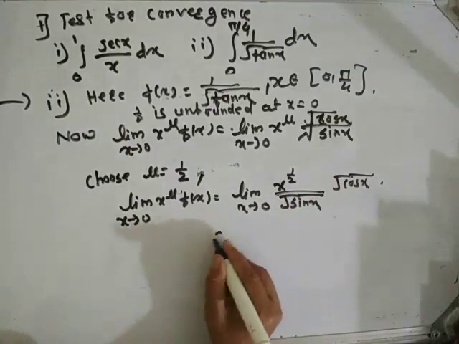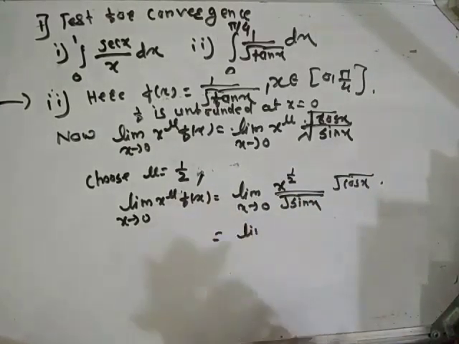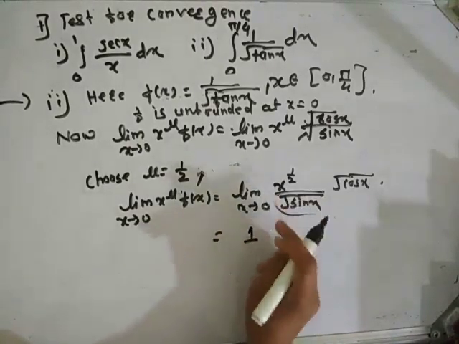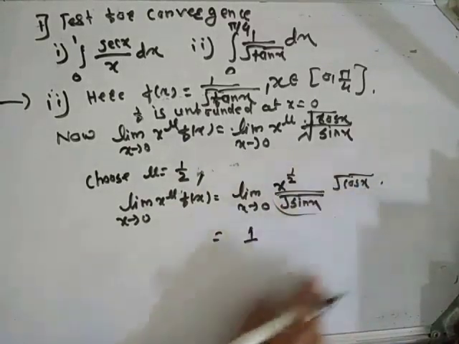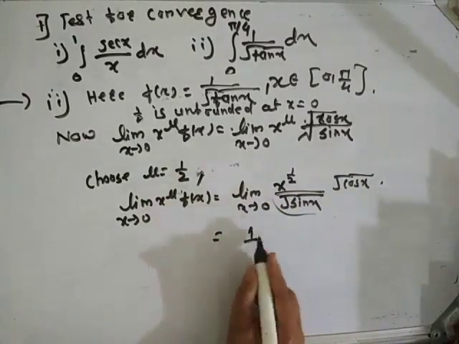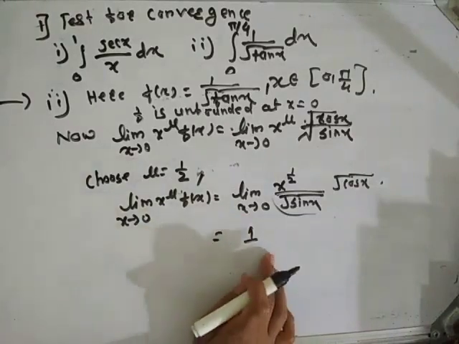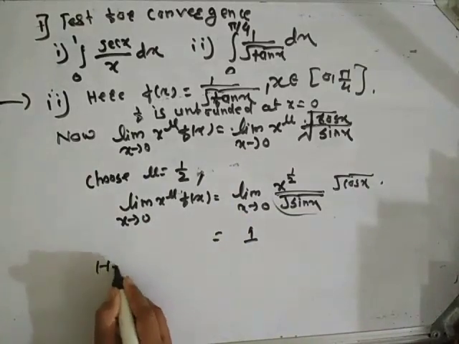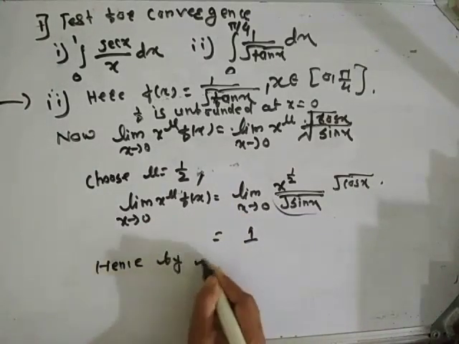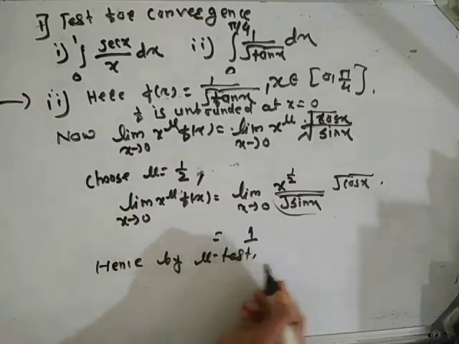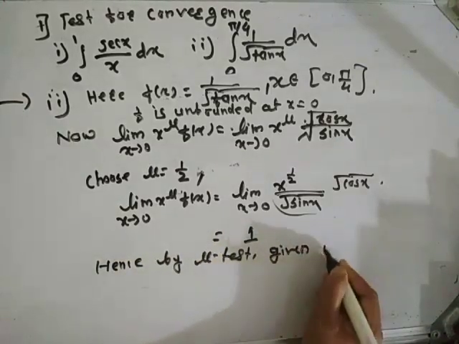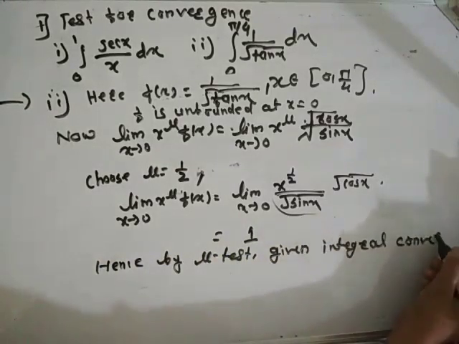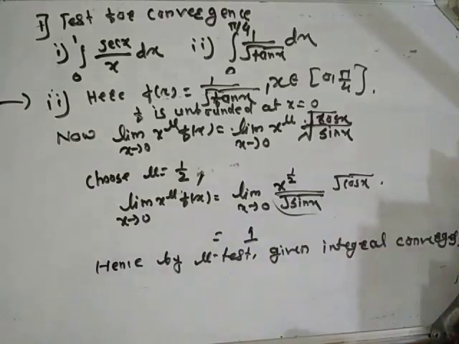We know that this limit is 1 and limit x tends to 0 of root of cos x is 1. So we get this limit equals to 1. Hence by mu test, given integral converges.